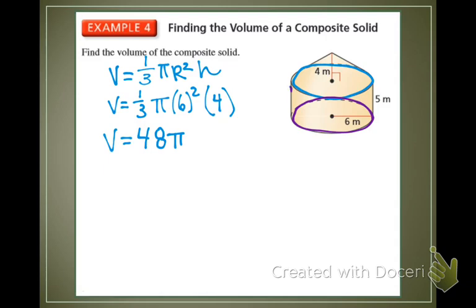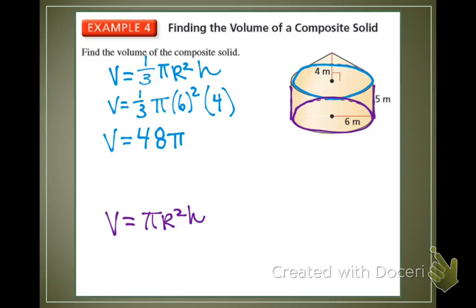So I highlighted in purple, finding the volume of the cylinder. So is a cylinder a pyramid or a prism? It's a prism. So is that 1/3 going to be there? No, it is not. The area of the base, which is pi r squared, times the height.